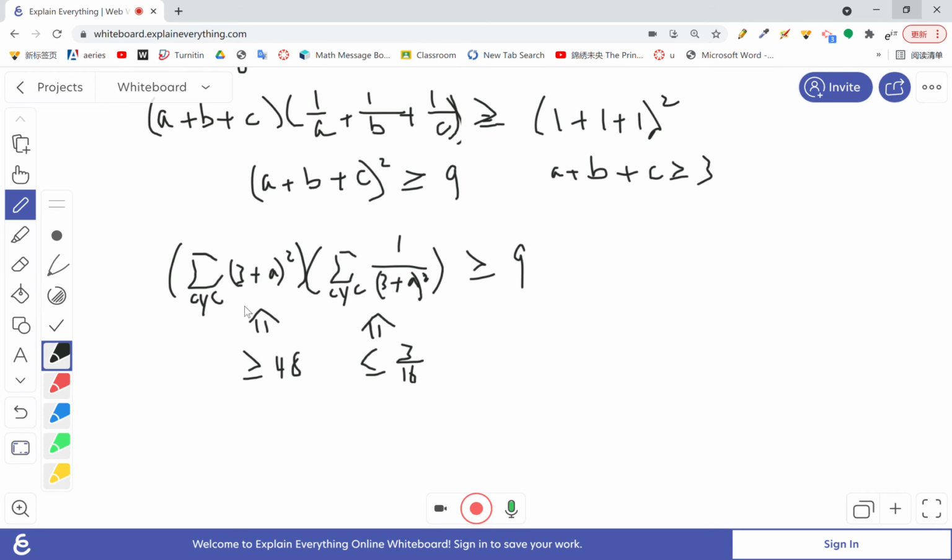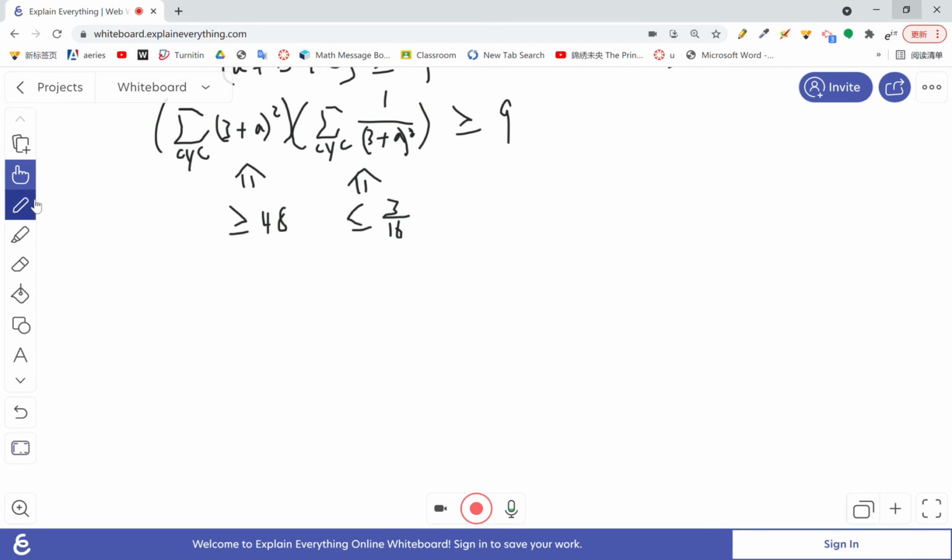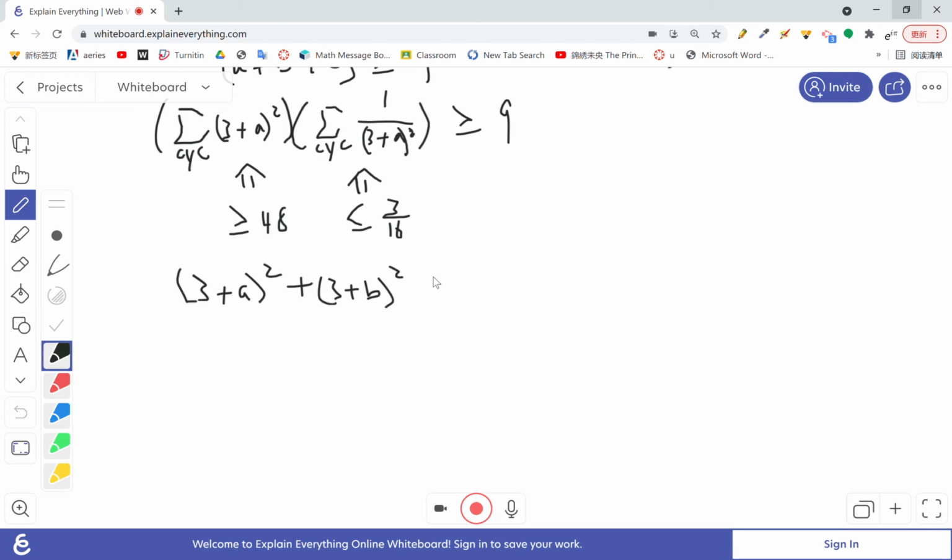So now we can try to expand this cyclical sum, which gives us (3 plus a) squared plus (3 plus b) squared plus (3 plus c) squared.